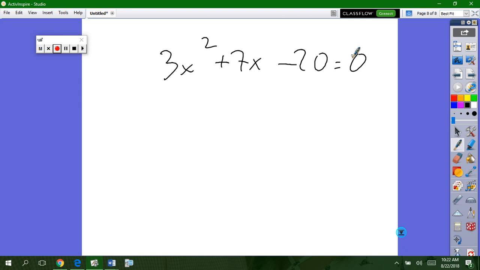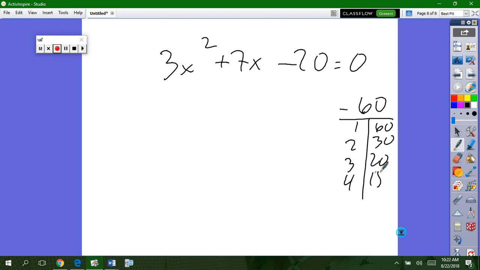Okay, so the factors of 60, right? You guys see how I got 60? 3 times negative 20 gives me negative 60. Factors of 60 are 1 and 60, 2 and 30, 3 and 20, 4 and 15, 5 and 12. Can 6 go? 6 and 10.